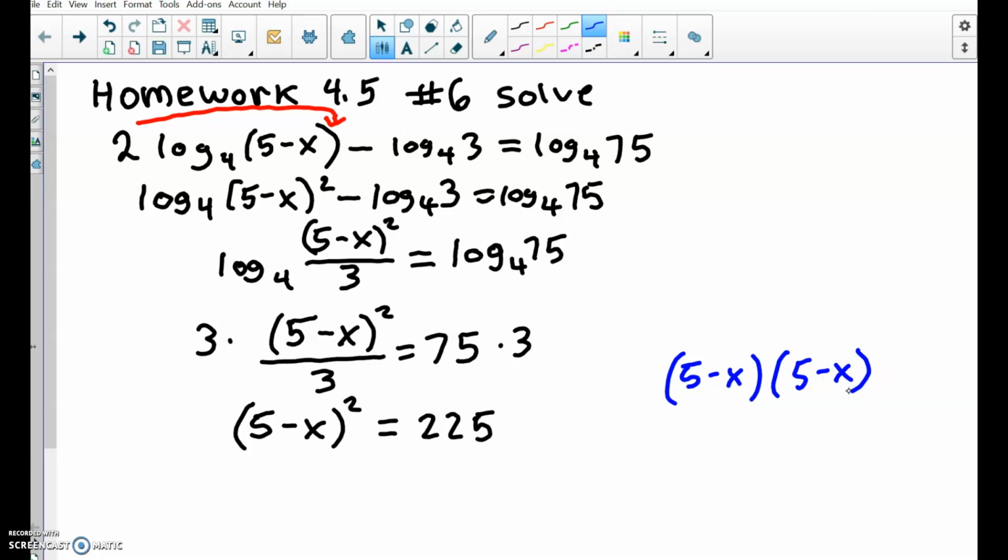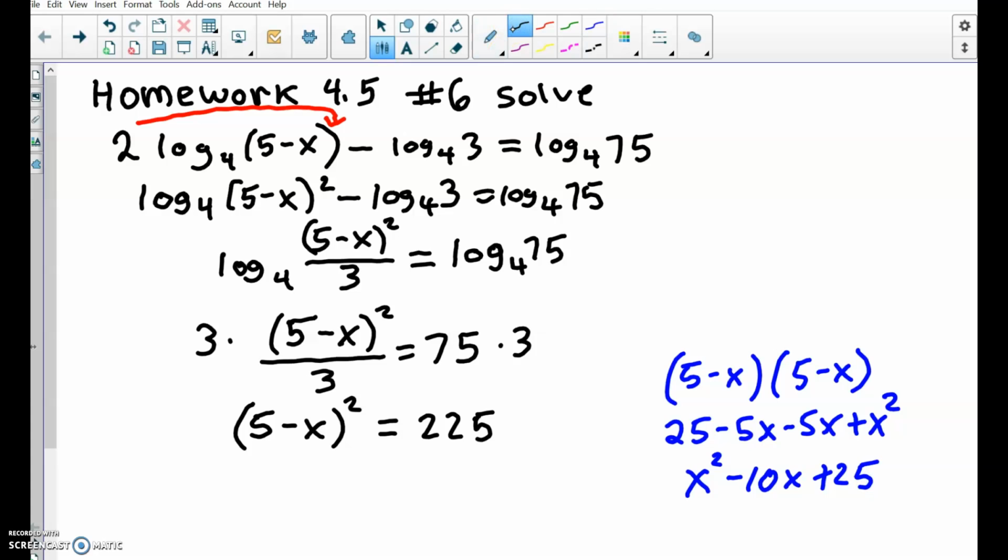Okay, if I use FOIL, first, outer, inner, last, I get first is 25, outer, negative 5x, inner, negative 5x, last, plus x squared. All right, and then we can combine like terms and put this in the order that we're used to seeing it. So x squared first, minus 10x plus 25. So that's what we're going to have on this left-hand side.